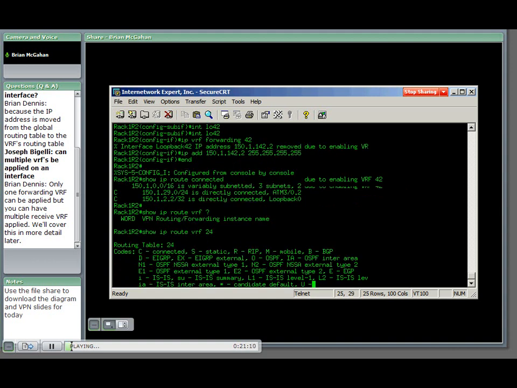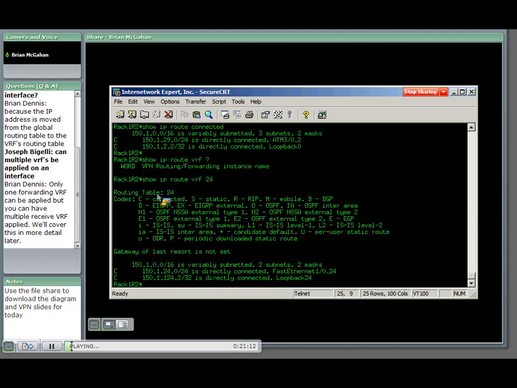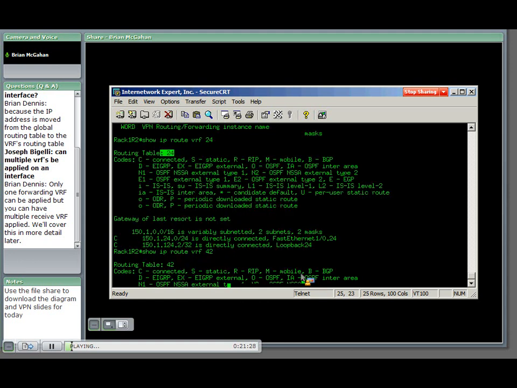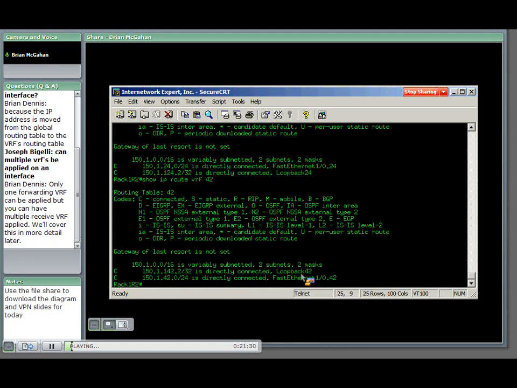And for VRF 24, we can see this is routing table number 24. Actually, the name is 24 of the VRF. And this contains the first FastEthernet subinterface along with loopback 24. If we look at show ip route vrf 42, we should see the other subinterface along with the other loopback address, which we do.